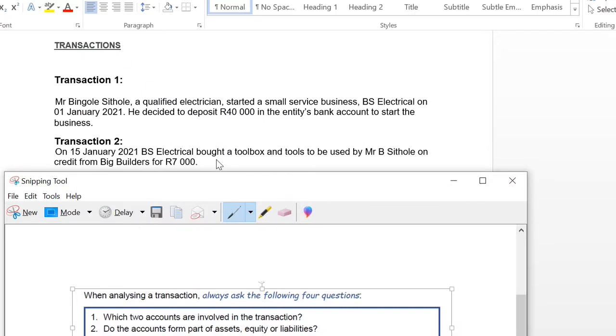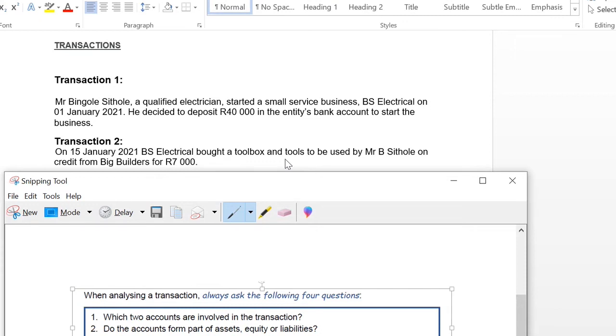When you're determining which two accounts are involved, this needs to come into your mind: is the business buying or paying? In this case, we determine that it's buying. What is it buying? It's buying toolbox and tools. So you need to decide if toolbox and tools is an asset, liability, or an expense for BS Electrical.